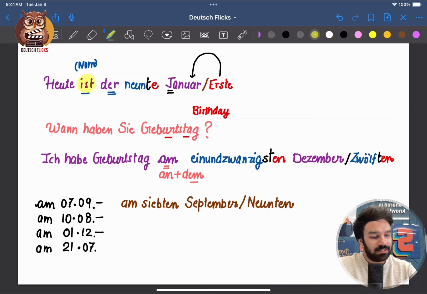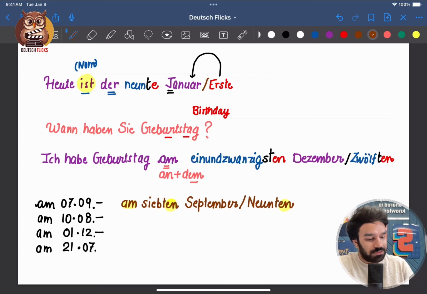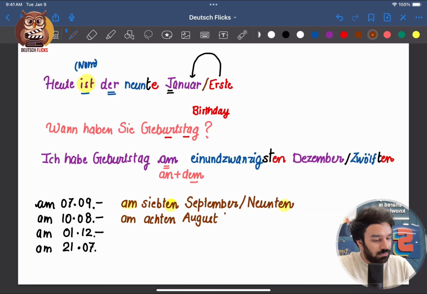So dative case, I mean en ending because of the preposition am. Then we have on 10th of, this is what, August. So we'll say am 8. is also an exception, single T, and then August. This is what, the 8th month. So we'll say 8.